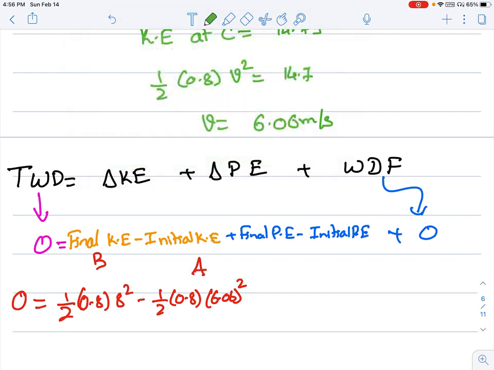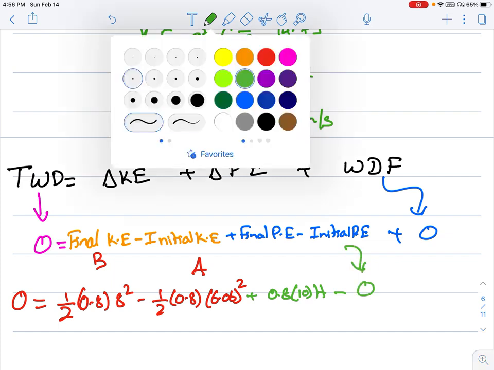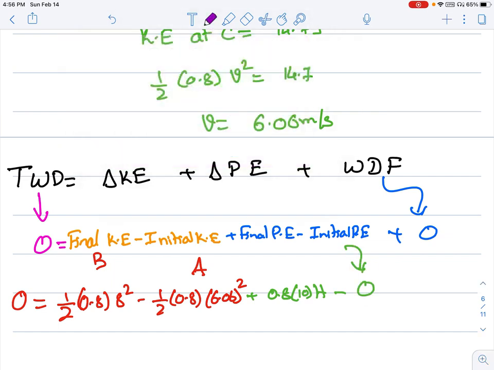Same is the case for potential energy. Final potential energy is mgh. M is 0.8, g is 10, and height is h. Initial potential energy we will consider as 0. Let it be at A, we consider it as the starting level, so let it be 0. And work done against friction is again 0 itself.